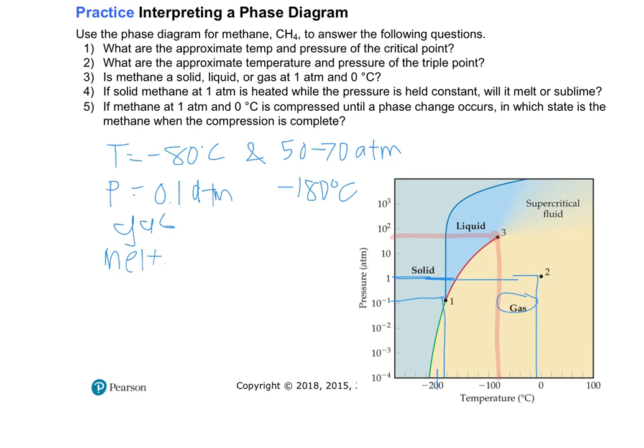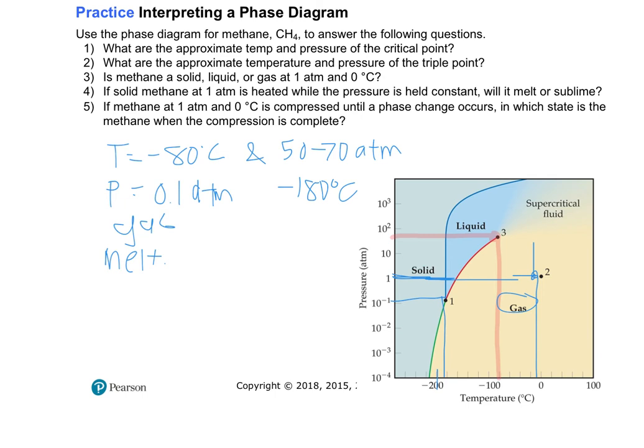If methane at 1 atmosphere and 0 degrees Celsius, so up here at 0.2, is compressed, so increased pressure, what state will it be?